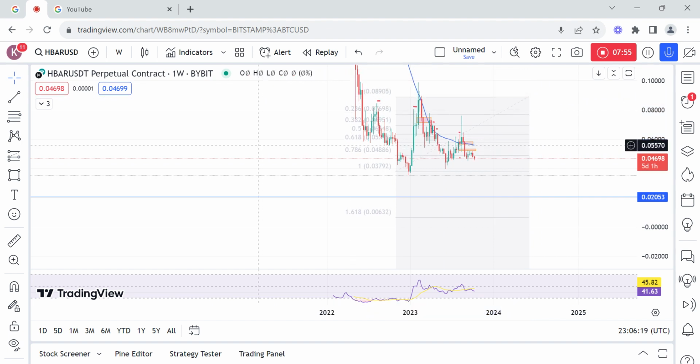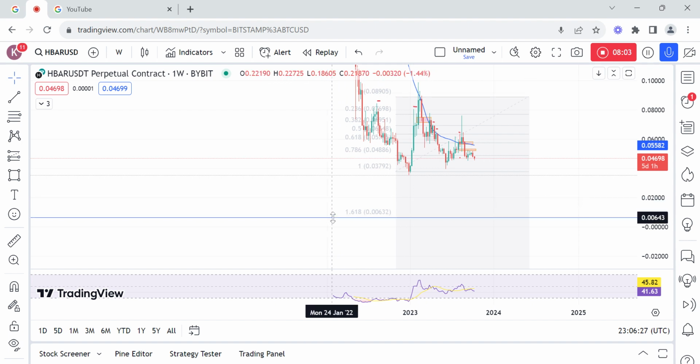All right. So this is our 1.618 level. That is around 0.00632. Yeah. So it's possible that H bar can get to 0.00680, but that is almost close to zero.